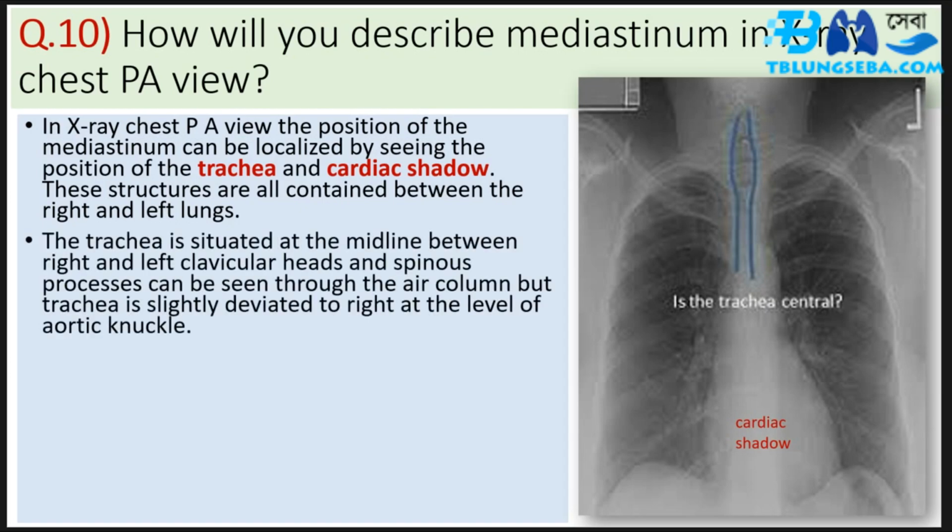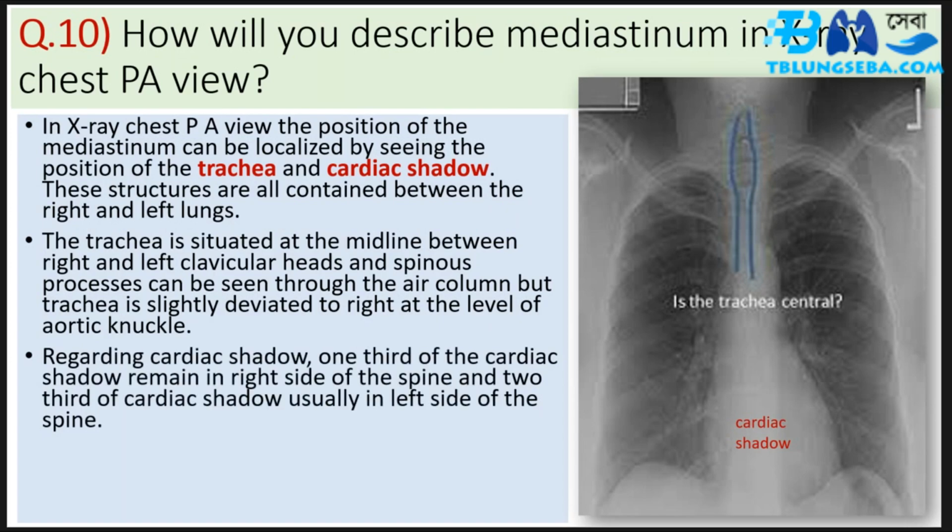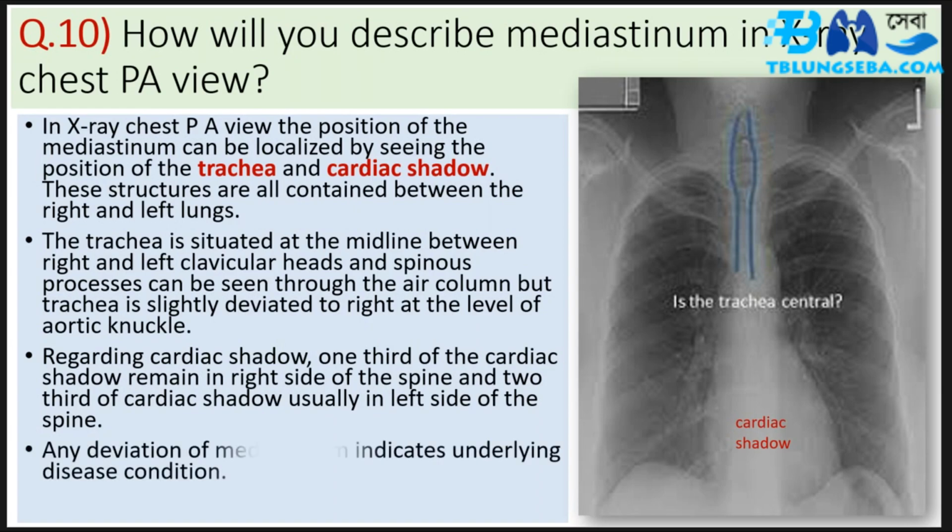The trachea is situated at the midline between right and left clavicular heads, and spinous processes can be seen through the air column, but the trachea is slightly deviated to right at the level of aortic knuckle. Regarding cardiac shadow, 1/3 of the cardiac shadow remains on the right side of the spine and 2/3 usually on the left side of the spine. Any deviation of mediastinum indicates an underlying disease condition.